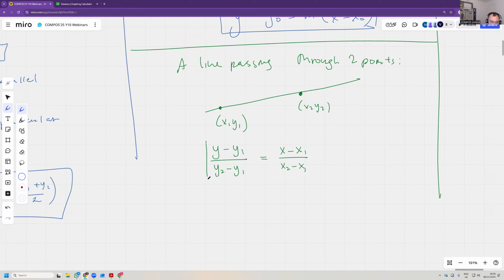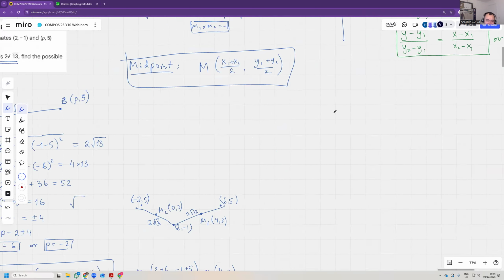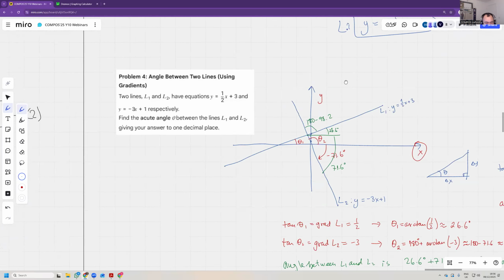There are variations of this formula. You can switch them around. You can write y minus y1 over x minus x1 equals y2 minus y1 over x2 minus x1. These are equivalent. I don't have a personal preference. I just use whatever comes to mind first.